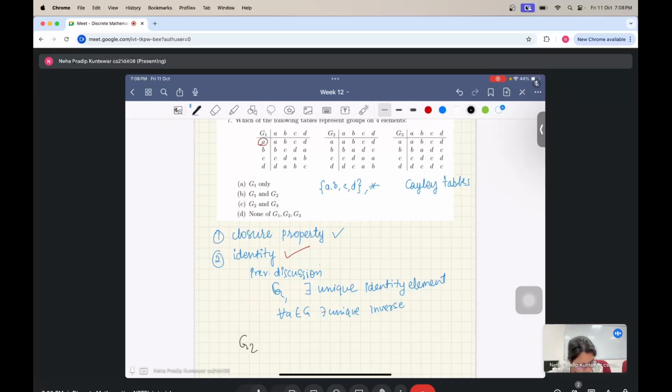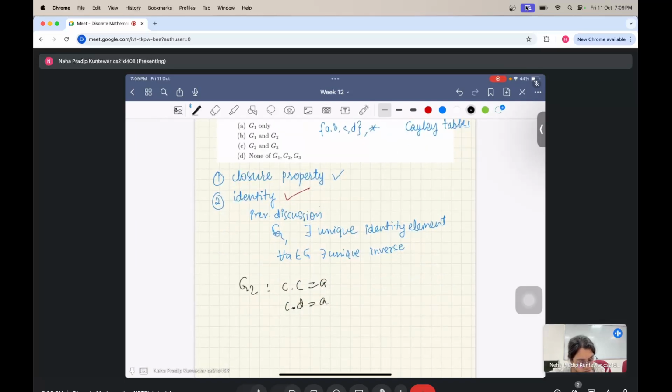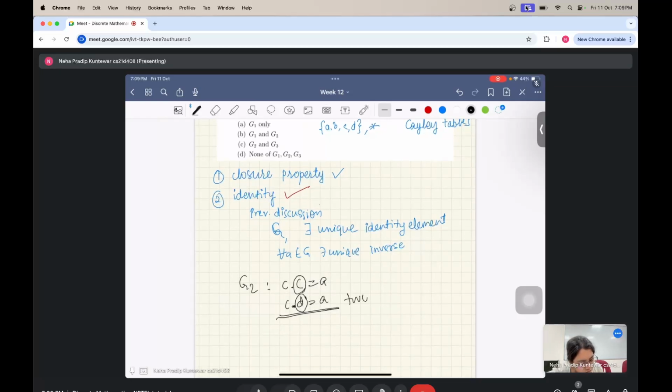If I look at G2, then C dot C gives me A, and C dot D also gives me A. So notice that in this case C is the inverse of C, and here D is the inverse of C. So there are two inverses for C, which cannot be the case because of the theorem that we proved just now. So this G2 is not a group.